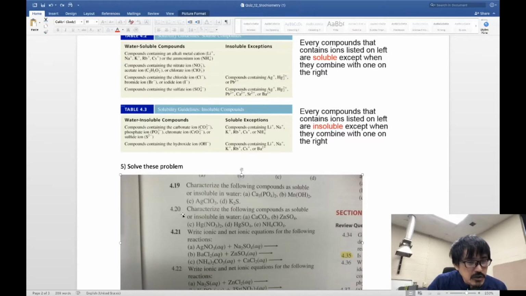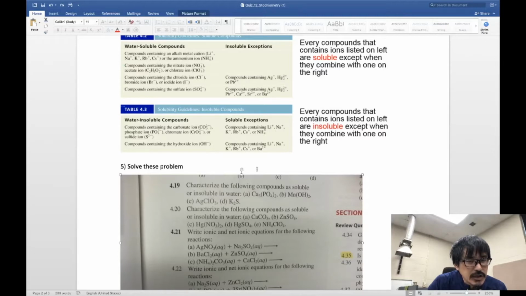Let's do question 20 right here. Again, the same stuff. So do I have the CO3 or the Ca? Oh, the CO3 right here, right? Anything that paired up with the CO3 is going to be water insoluble.